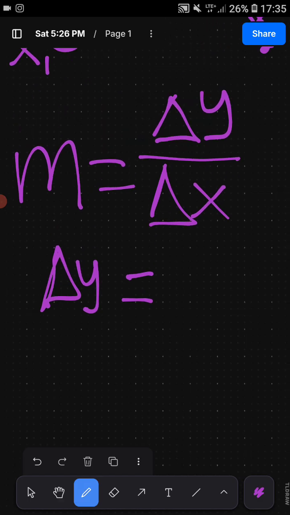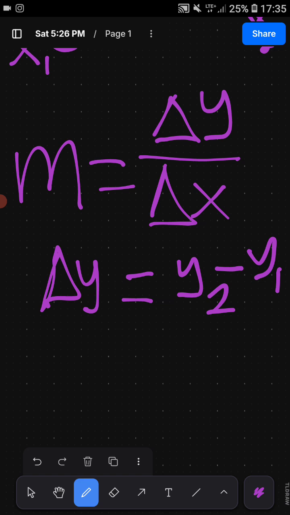So the vertical side, the y-axis, its change in moving from points y1 to y2 is going to be the bigger, or the final point, which is y2, minus the initial point. Now y1 is the initial point because it starts from 0, okay? y1.